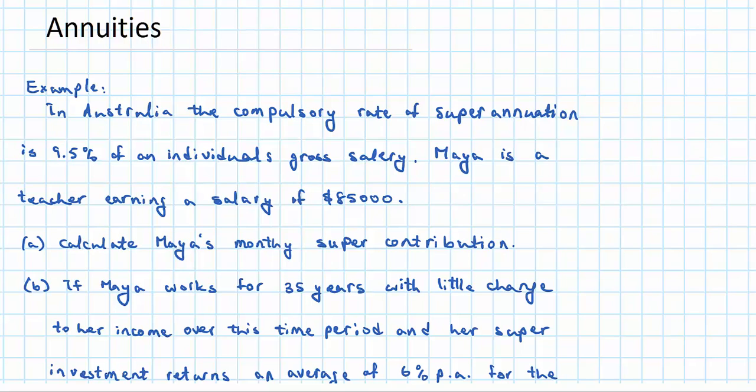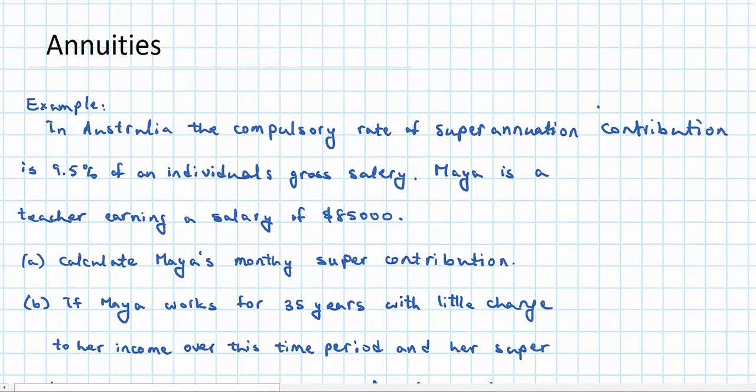So in Australia, the compulsory rate of superannuation contribution is 9.5% of an individual's gross salary. What that means is, for example, Maya is a teacher earning a salary of $85,000. So the employer must pay on top of the $85,000, 9.5% into a superannuation fund that Maya has no access to.